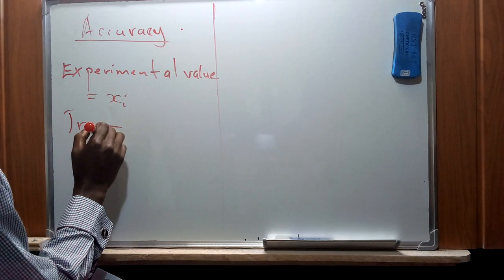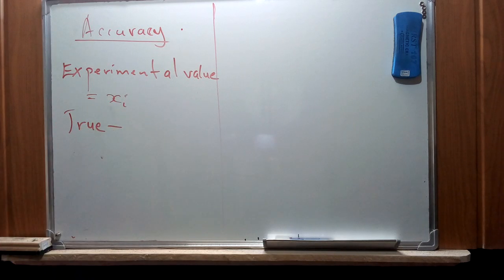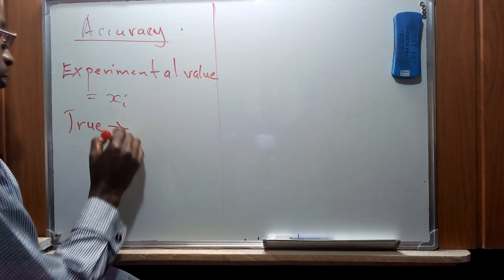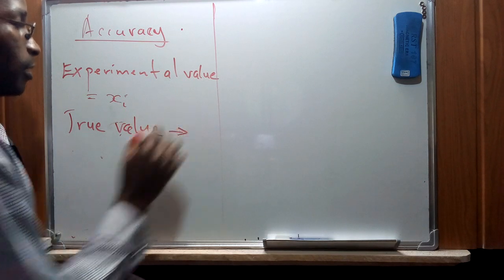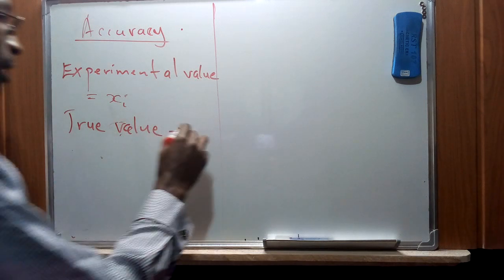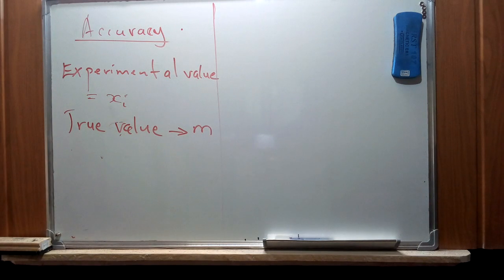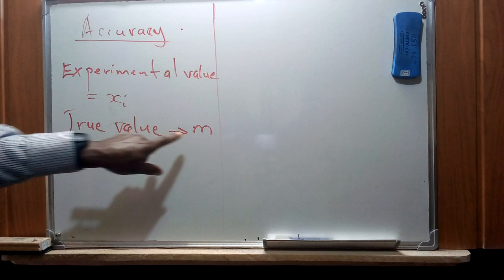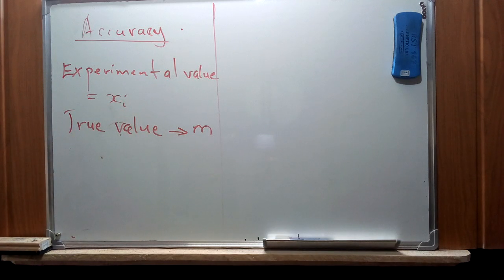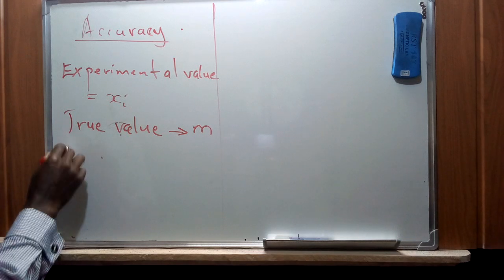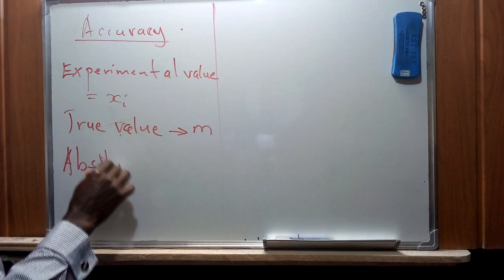And then I've talked about the true value, which is a value that is expected from a measurement. We just write it in full, and it is going to be denoted as m. And therefore, the deviation from the true value of an experimental value is what we call an error. Basically, we are going to refer to it as an absolute error.